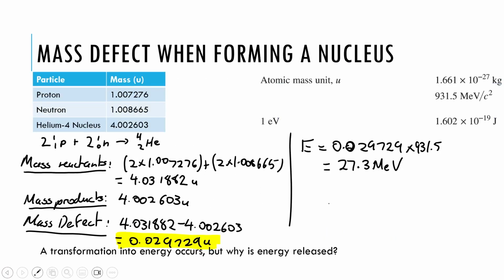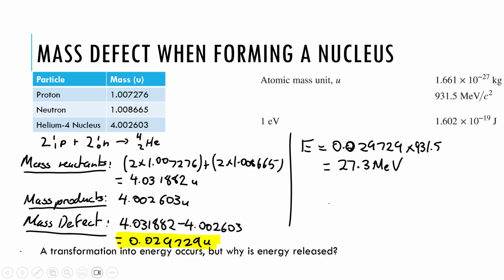In our example in the previous slide, we were taking protons and neutrons and forming a helium nucleus. As the protons and neutrons start to form a nucleus, they lose energy as they enter a lower energy state compared to being a free proton or neutron. And this loss of energy, again, is accounted for by the loss of mass due to the mass defect. In this scenario, the binding energy for the helium nucleus is 27.3 mega electron volts.